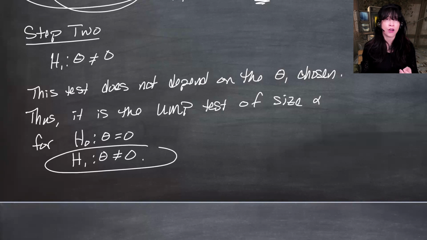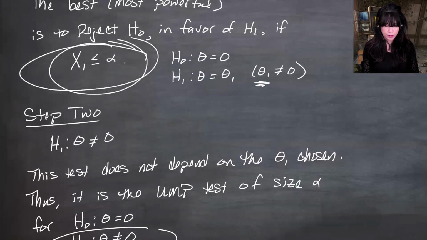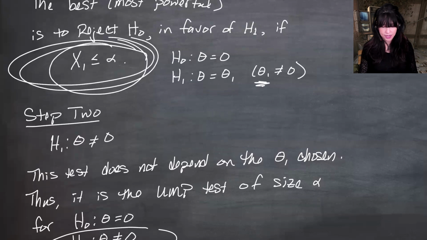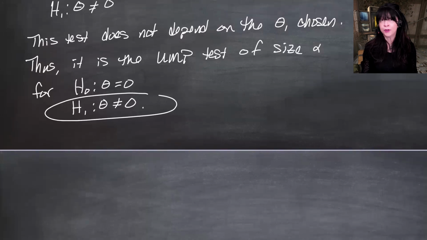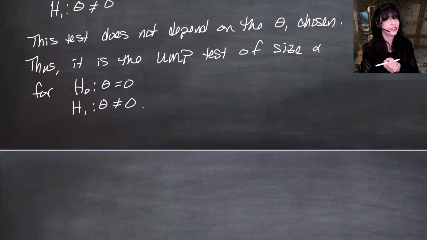So if you have a not equals or a two-sided alternative hypothesis, very often a UMP test does not exist, because you'll get maybe a test like this, and maybe the test will look like this for the other theta 1s you could have chosen, and there isn't one that works for all theta 1. But we had one here, so we're done with a UMP test for a two-sided alternate hypothesis.